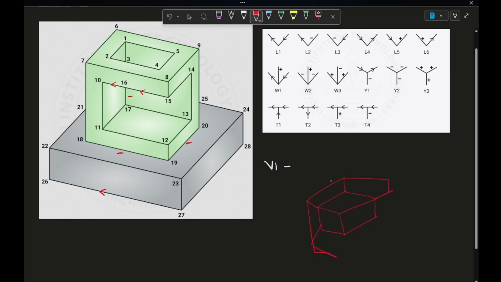Okay, leave this. Now if you solve vertex 15 or junction 15, that will necessarily be W1 because of the arrow. Okay, so your suggestion is to start with more consistent junctions like the T junction here.